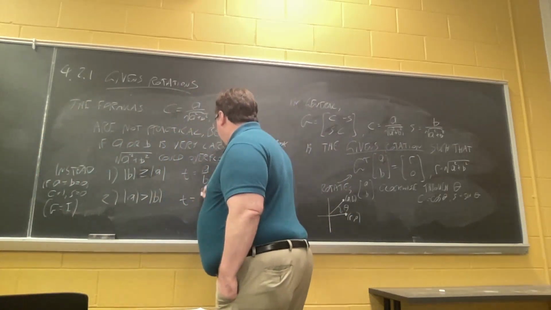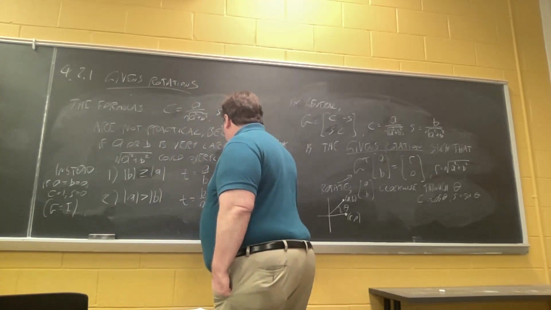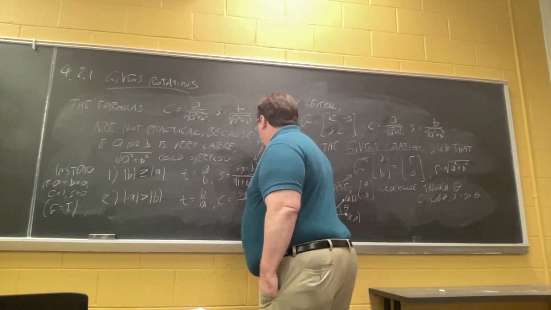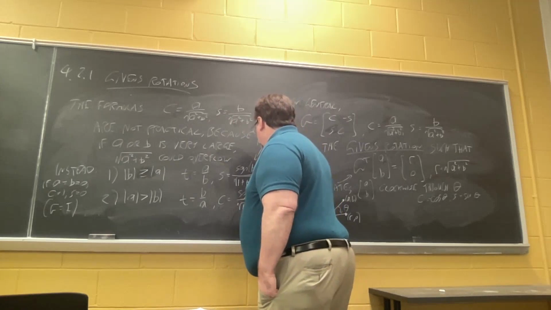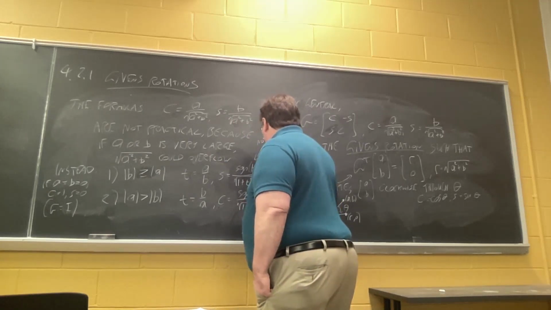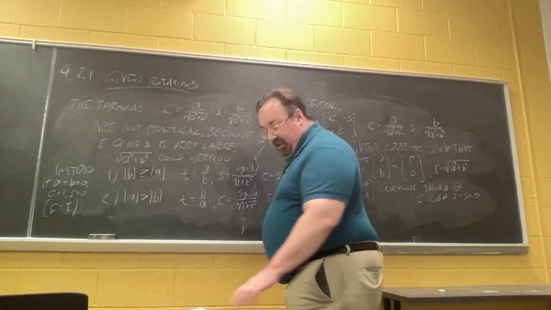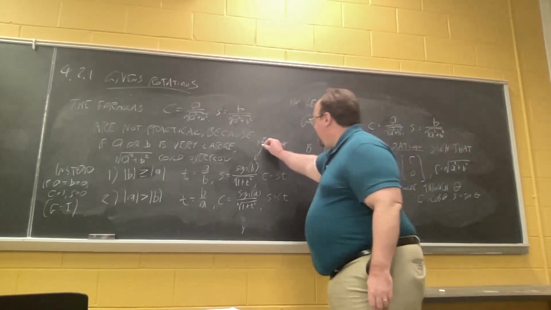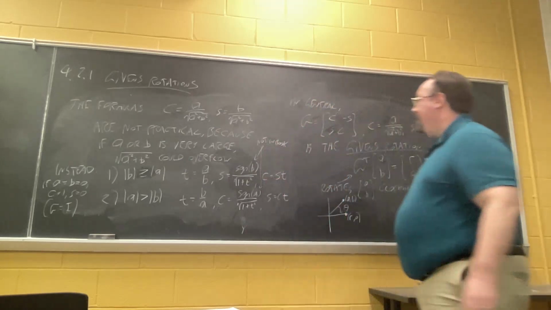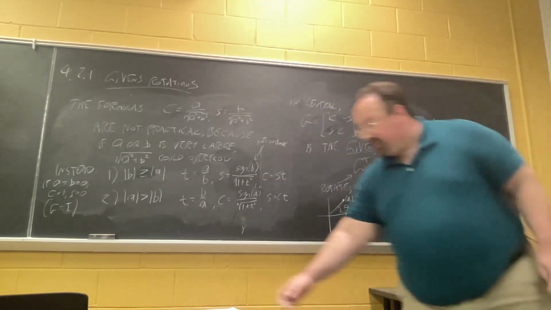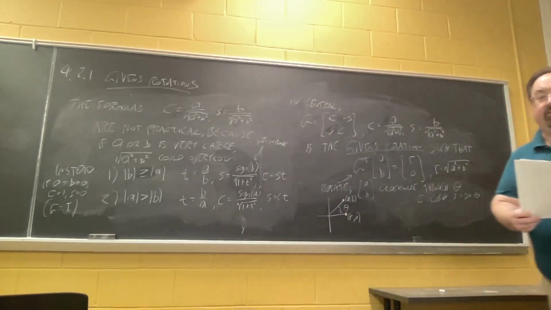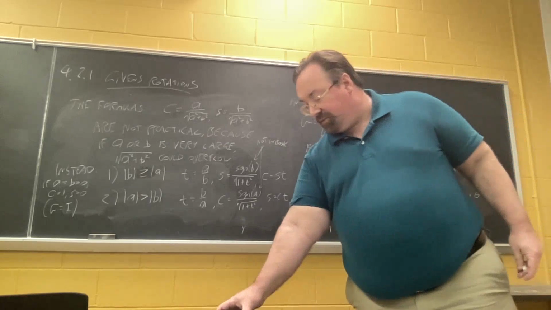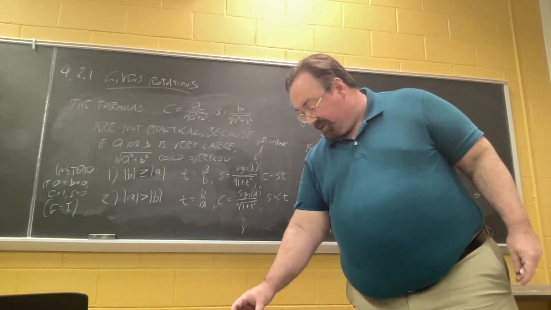The roles of A and B are reversed, so t is B over A. C is equal to the sign of A over square root of 1 plus t squared, and S is equal to C times t in that case. That mistake carried over to here. So this is a practical implementation of getting the Givens rotation elements.